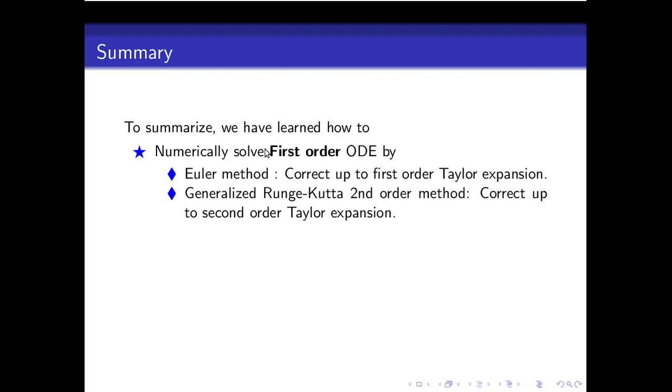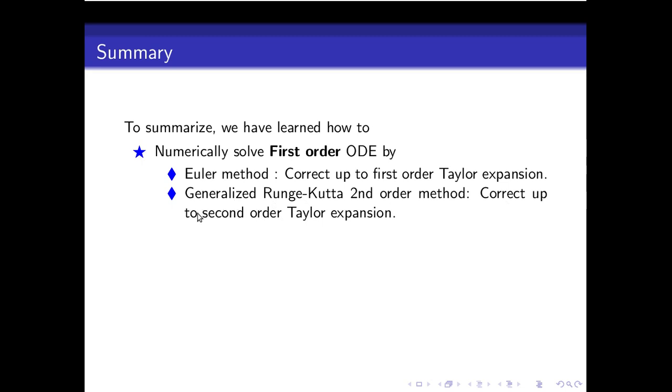We are solving first order ordinary differential equations, but we are gradually increasing the correctness of the method, the accuracy of the method. So this is the generalized Runge-Kutta second order method, which is correct up to second order Taylor series expansion.